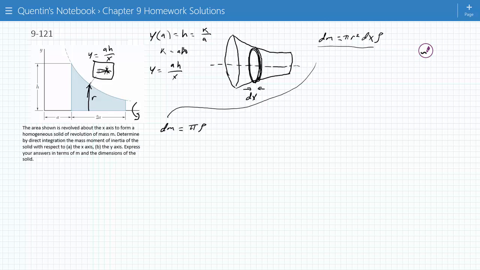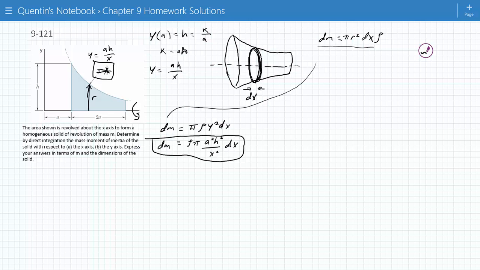So it's going to be y squared times the thickness. I'm going to rewrite that as rho pi y squared dx, which is rho pi a squared h squared over x squared dx. Now we have my differential dm, so I know what I'm doing for my differential element.